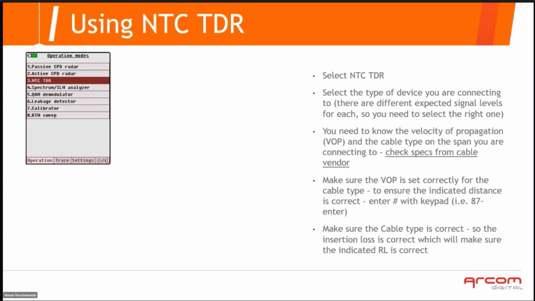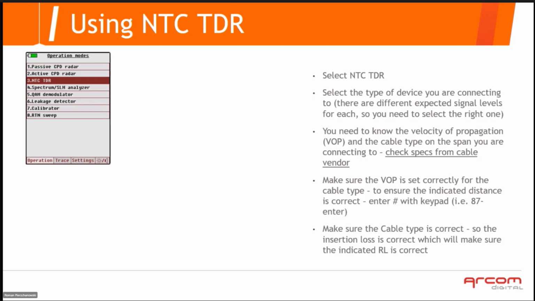So when you turn on NTC TDR, you will do this only after you've got the starting point and you've got the schematics of the network in between these two amps or amp and fiber node, and to understand what devices are between one and the next amplifier.